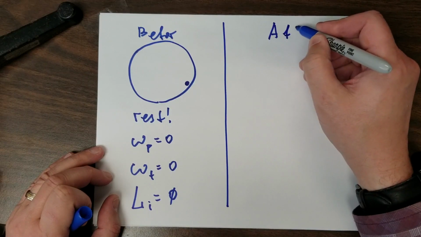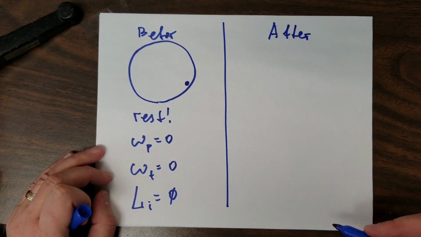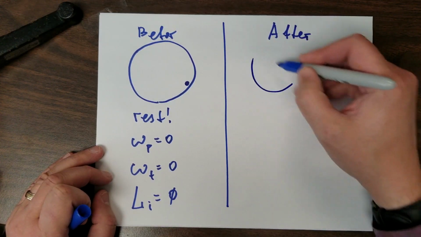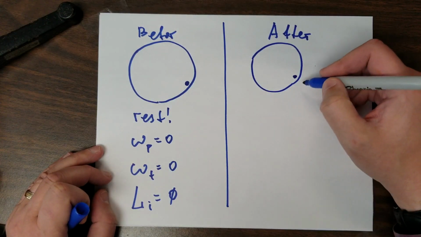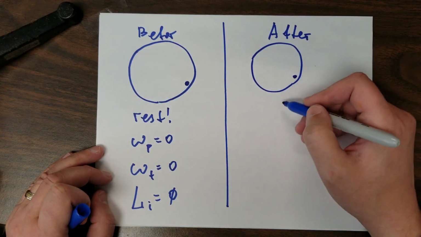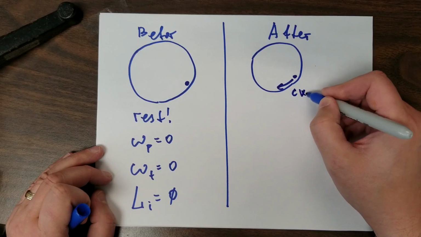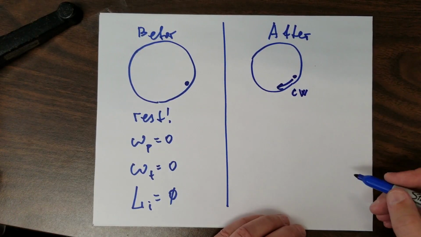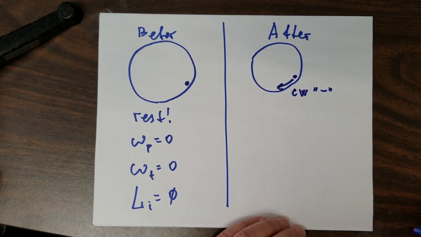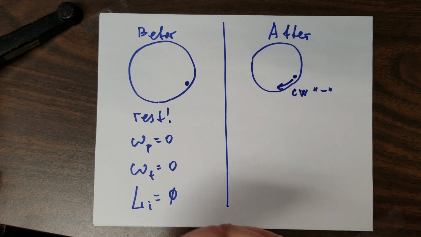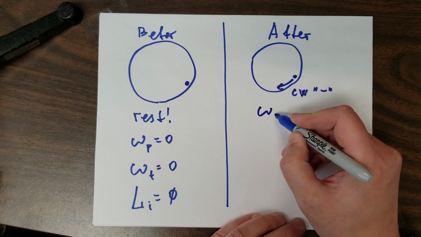After, well, the person starts walking, and let's say the person walks clockwise, which makes his angular velocity negative. Well, at least it's not 0 anymore.